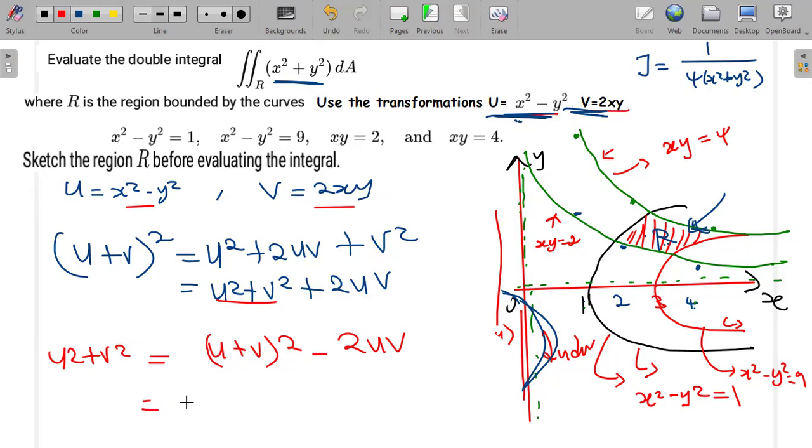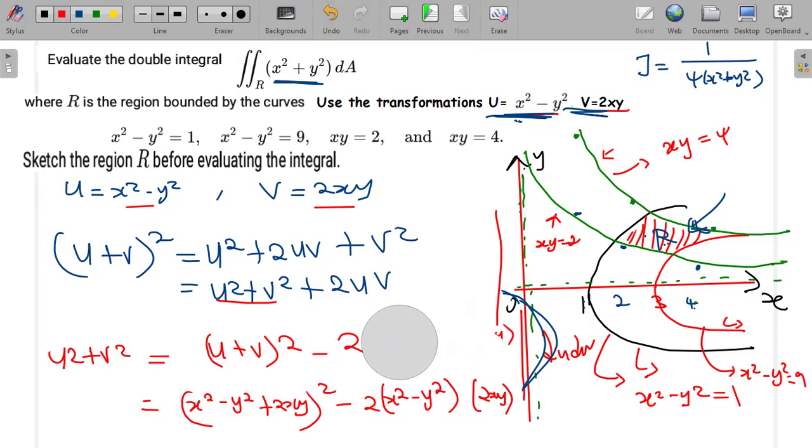Where there's u, I put x squared minus y squared, where there's v, I put plus 2xy, and then squared, minus 2, where there's u, I put x squared minus y squared, and where there's v, I put 2xy. Okay, so that's what I have.